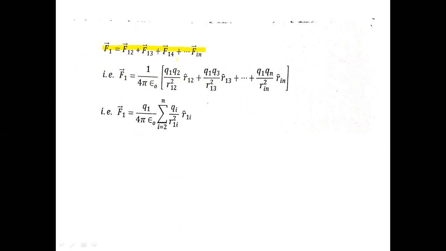Since Q1 is common in all the terms, we can take it out. We already took out 1 over 4 pi epsilon naught, so we have written Q1 divided by 4 pi epsilon naught.